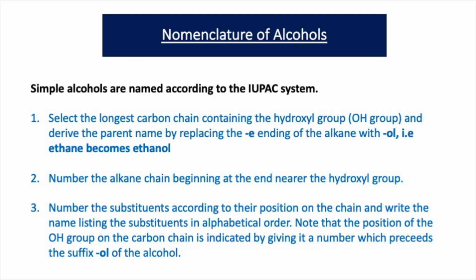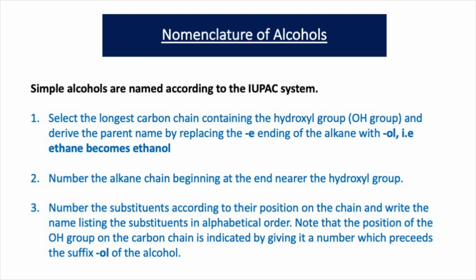So after you've selected the longest carbon chain, you then have to number this chain, and you start numbering at the end nearest the OH group. And step 3 is you number the substituents according to their position on the chain, and you write the name listing the substituents in alphabetical order. Note that the position of the OH group in the carbon chain is indicated by giving it a number which precedes the suffix ol of the alcohol.